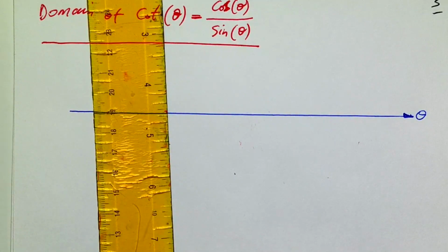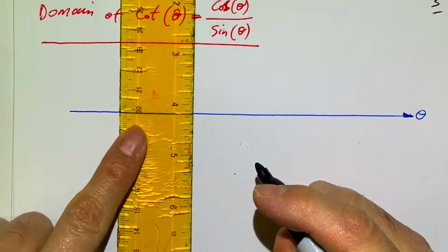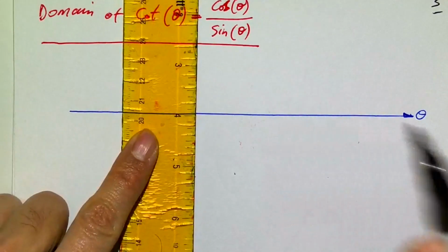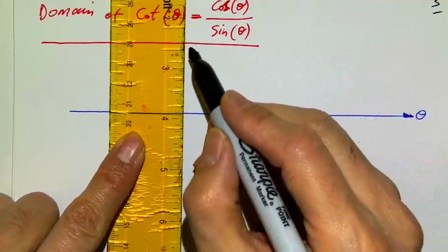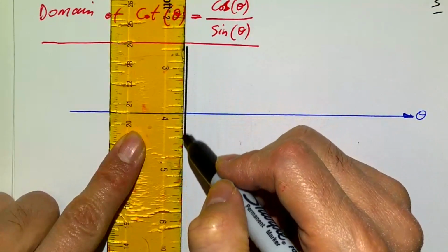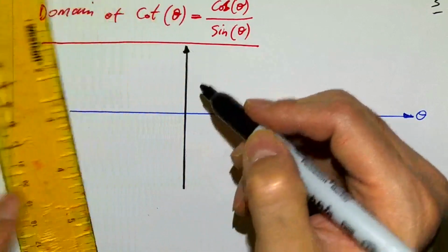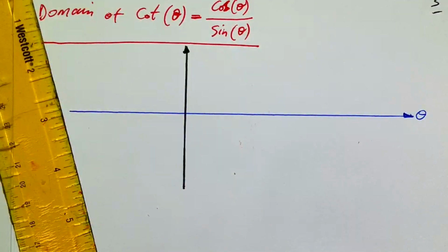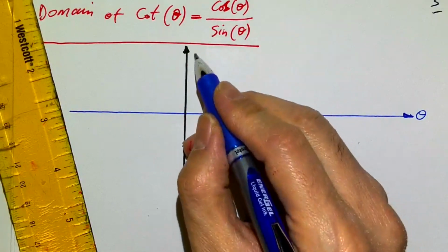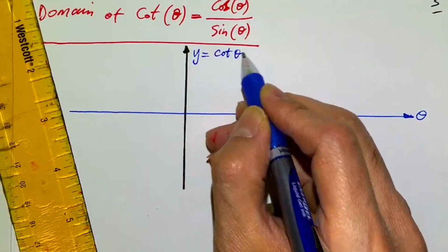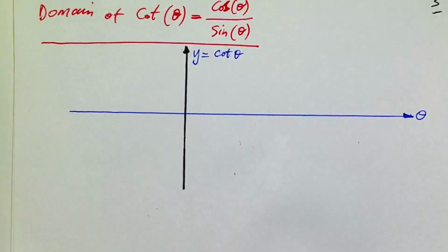I want to make the vertical axis a little bit thicker than the x-axis because I want it to stand out here. So this would be the y equals cotangent of theta axis.